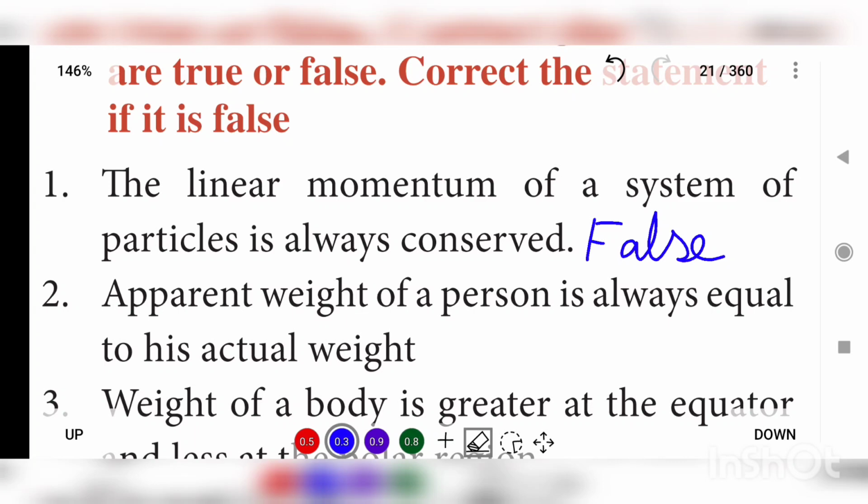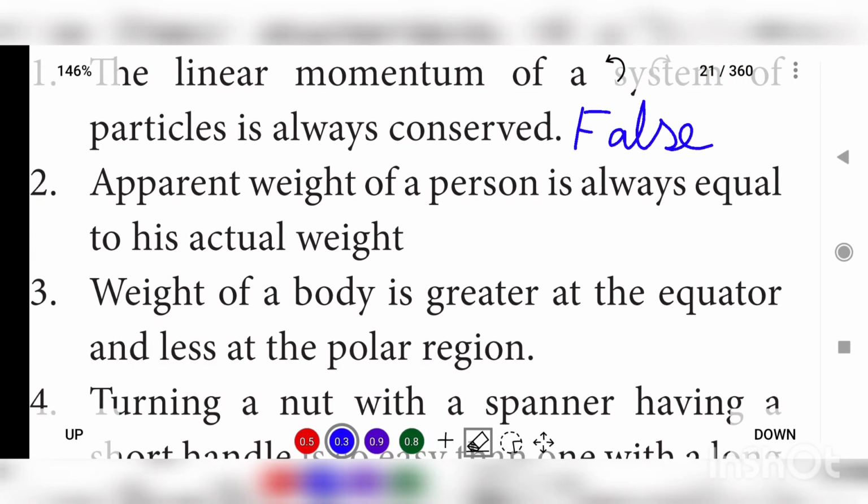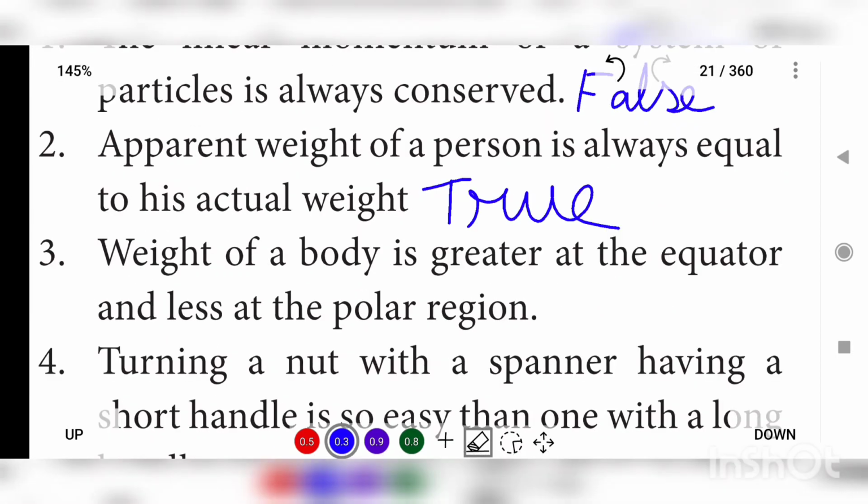So if no external force acts, the linear momentum of the system of particles is conserved. Second one, apparent weight of a person is always equal to his actual weight. Answer: false.